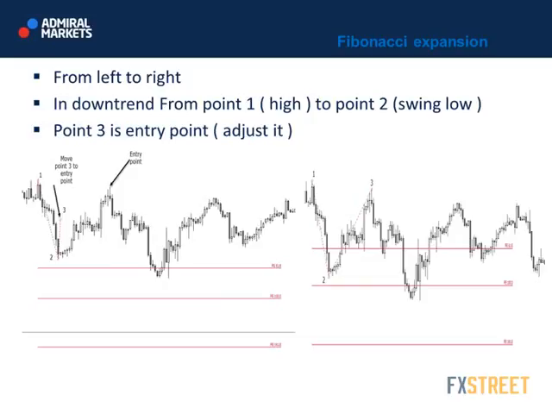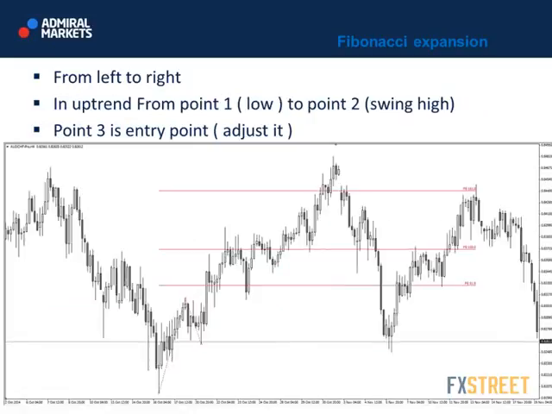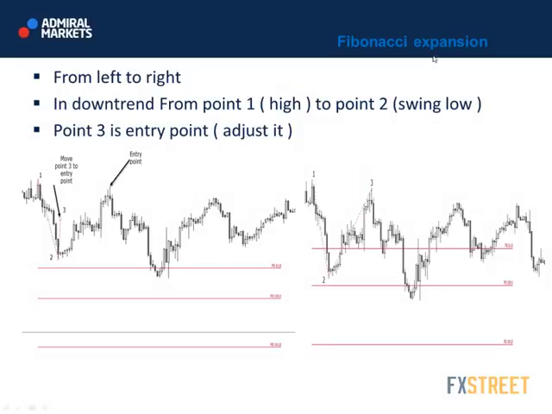Even Bill Williams used Fibonacci expansion in his chaos theory, and I know that many traders who are practitioners of chaos theory use Fibonacci expansions. So this all can benefit you. It just cannot give you any disadvantage in using this. So you can all benefit from placing Fibonacci expansions on your chart.